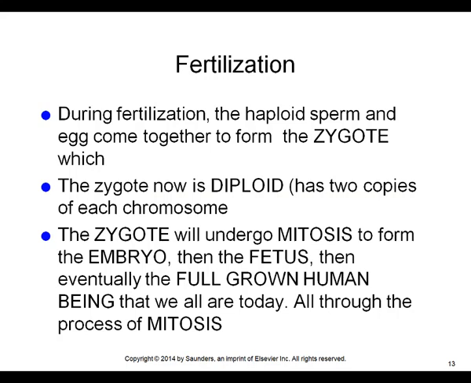Okay, so this brings us to fertilization. So the egg and the sperm are made in the ovaries and the testes. When a male and female copulate, the sperm fertilizes the egg.